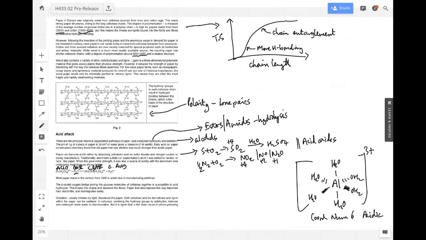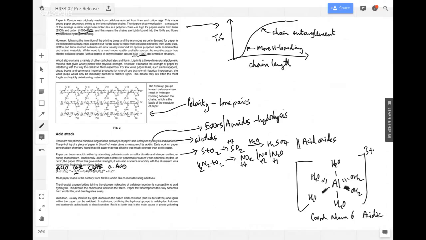Okay, so we've deprotonated one of these water molecules. So things like +3 transition metal ions do pretty much the same thing as well. So we've produced this acidic solution, which then goes on to hydrolyze our cellulose.